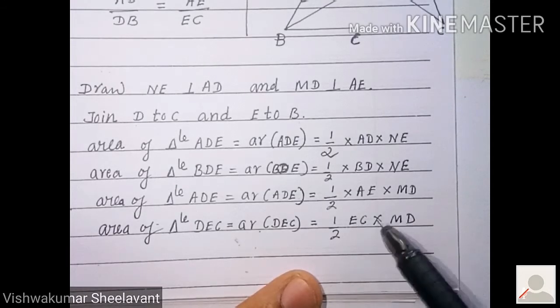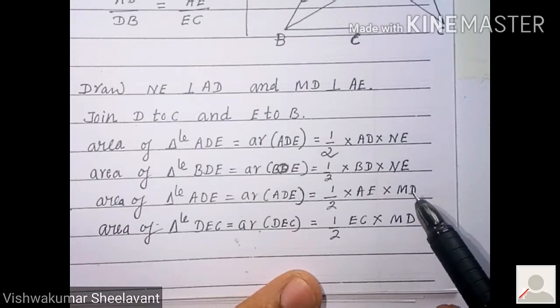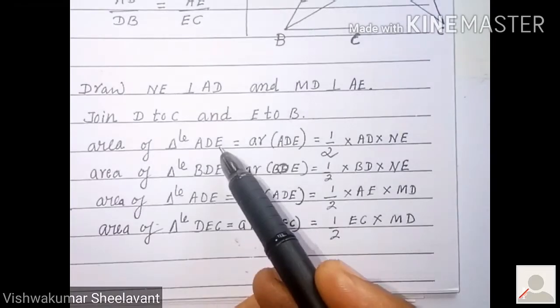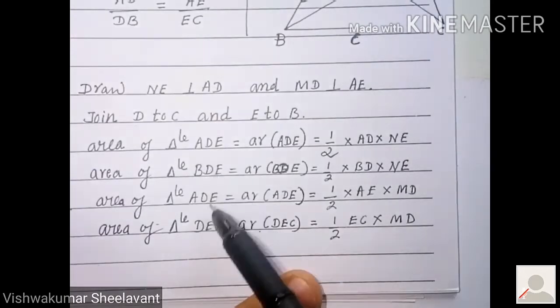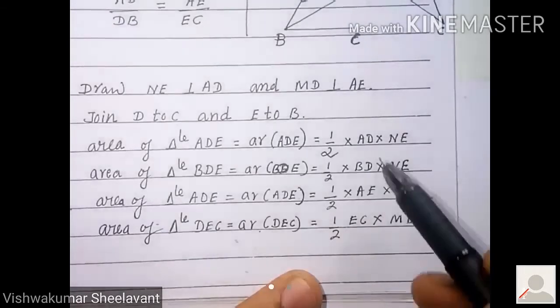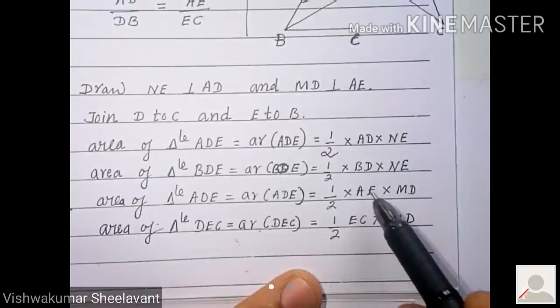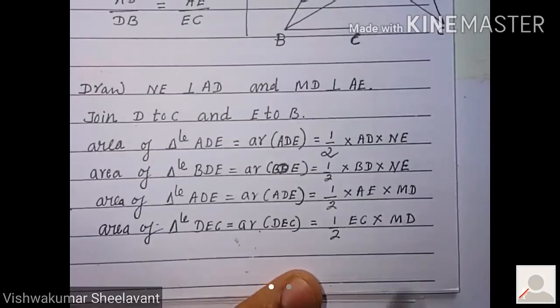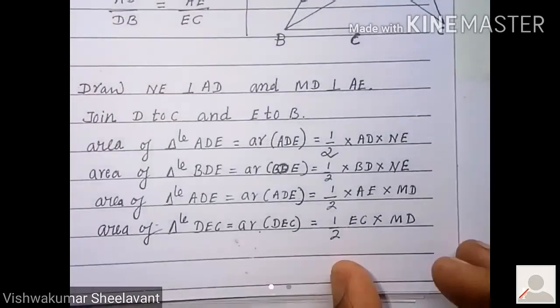So two equations I am going to get. If we manage to show that the ratio of area of ADE to BDE is equal to the ratio of area of ADE to DEC, then we will get AD by BD equal to AE by EC. How to do that? We will see it in the next step.